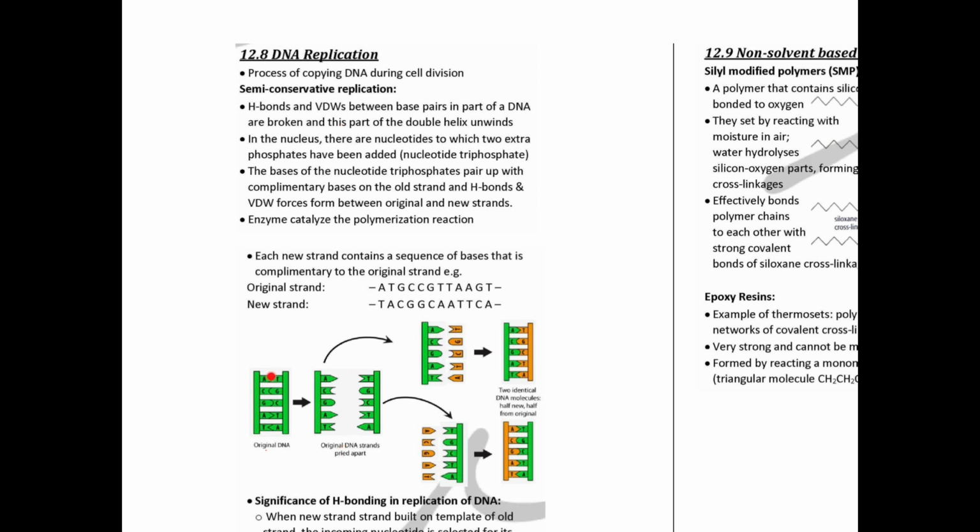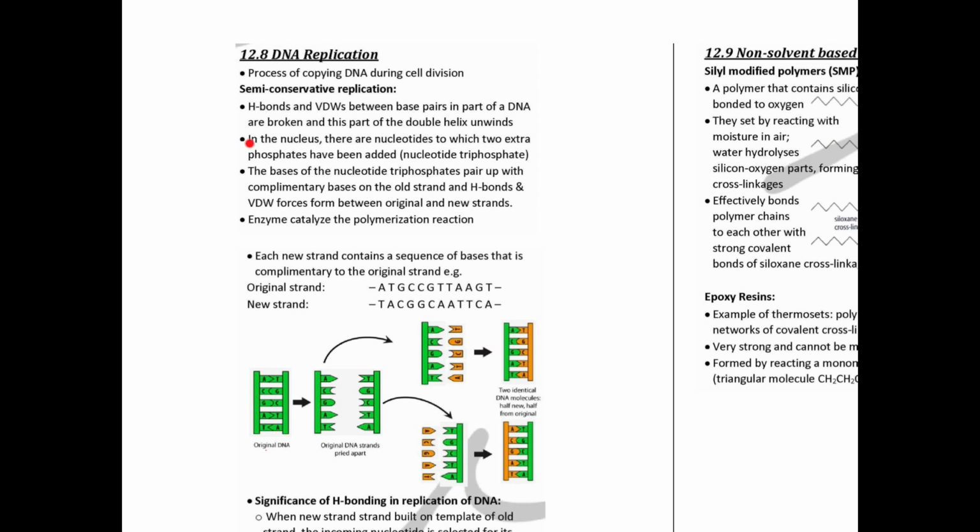Before that, they are joined up together, and this part of the double helix unwinds. That means initially they are double helix. Double helix means they twist around, so that is winding up. So now they need to unwind. So that means they don't want to twist anymore. They want to separate and become a straight chain.